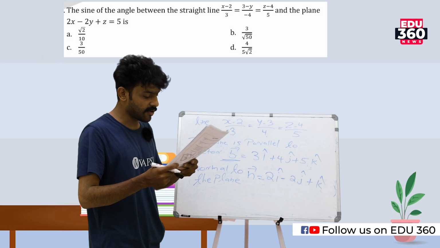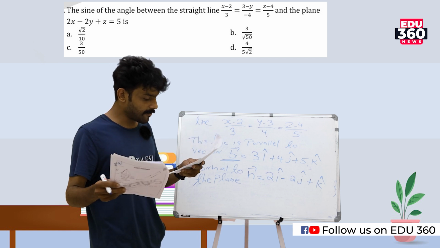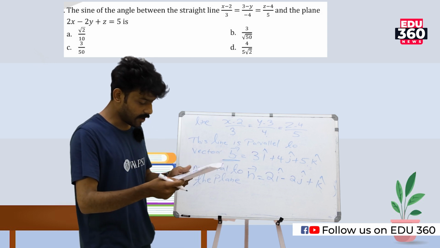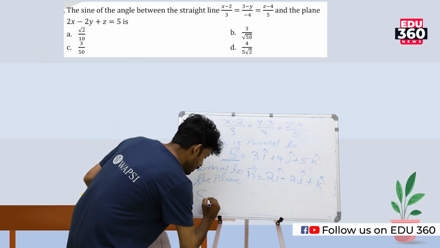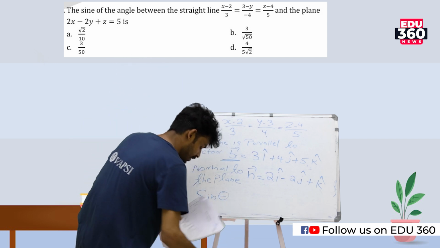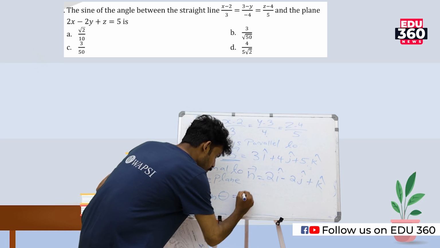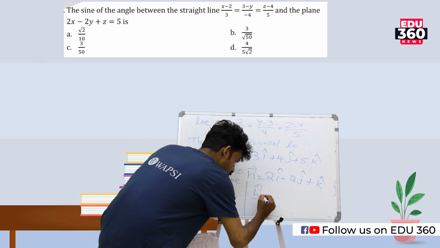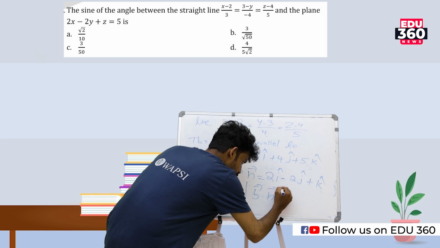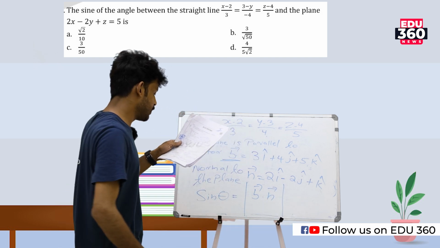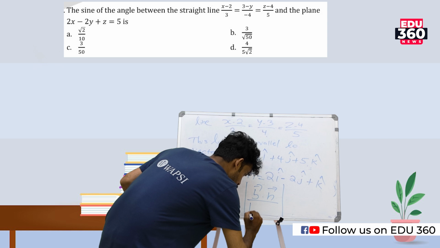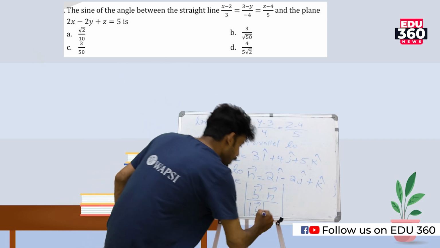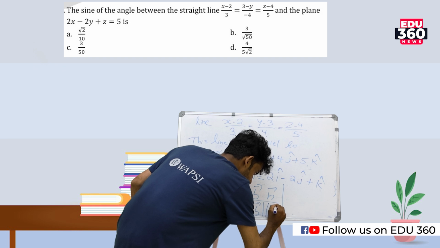In the question they are asking us to find the sine of the angle between the straight line and the plane. Hereafter we can write sine theta, the sine of the angle. Sine theta is equal to the modulus of b vector dot n vector divided by modulus of b vector into modulus of n vector.